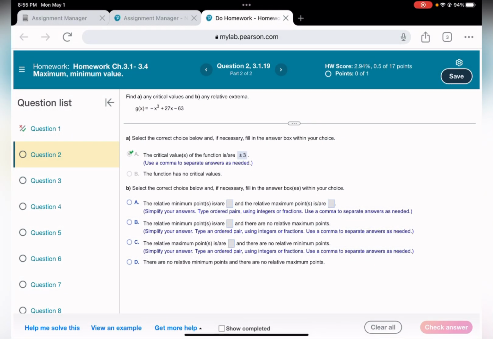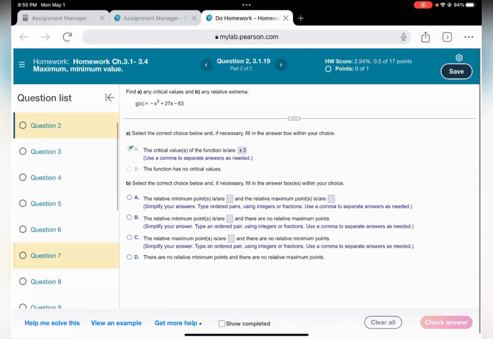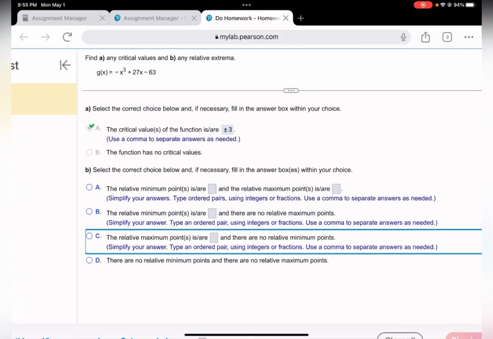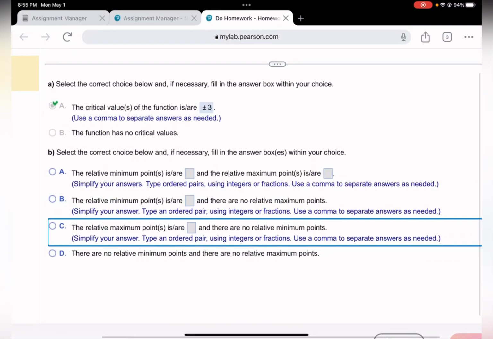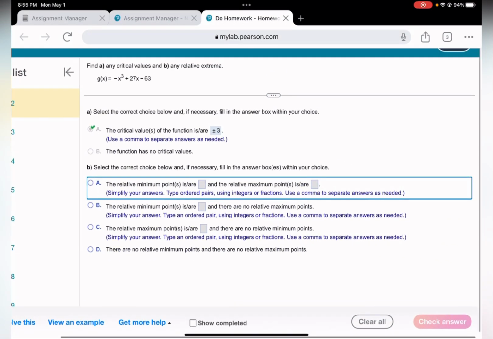We need the statement with 2 spots where we have to place the answer, because we have a minimum and maximum, which means B, C, and D fall out right away, because there is only one window for entering an answer, which means our answer is going to be A. Let's read it and justify that's the case.